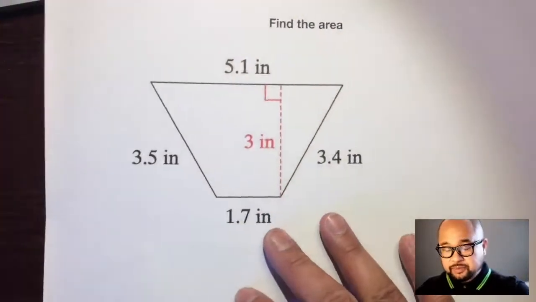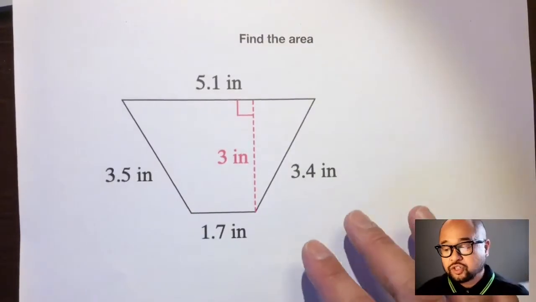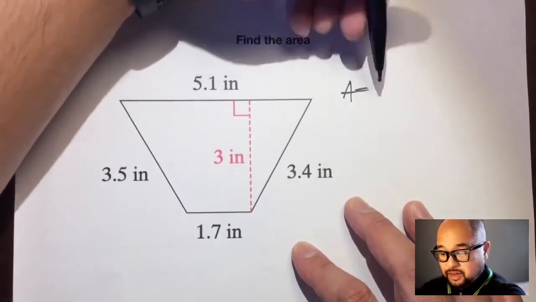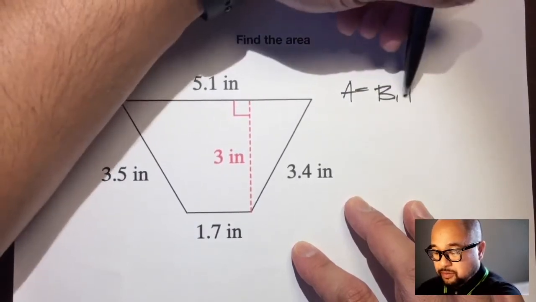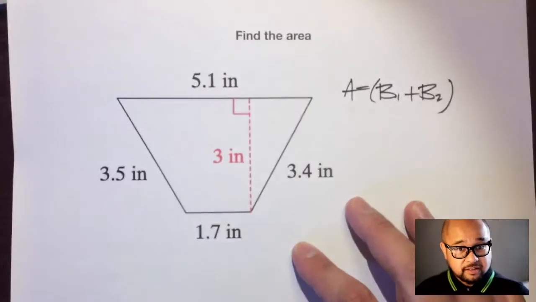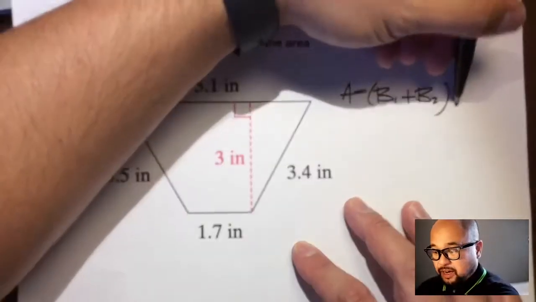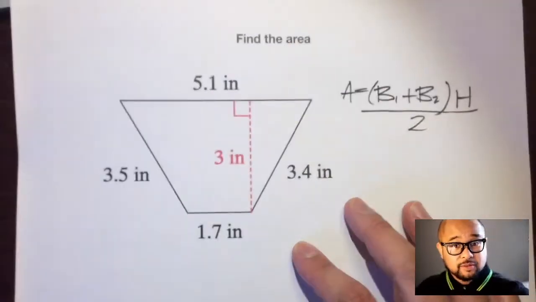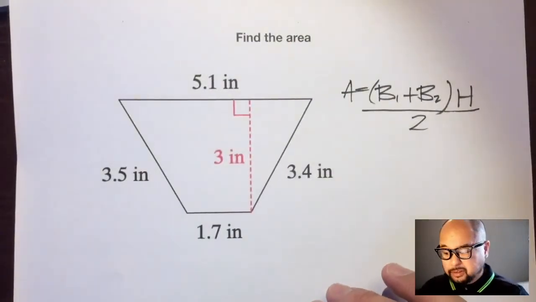Here's our first example. Find the area of this trapezoid. So remember, the formula for the area of a trapezoid is A equals base 1 plus base 2, put the parentheses there, times the height, divided by 2, because the trapezoid is half of a parallelogram.